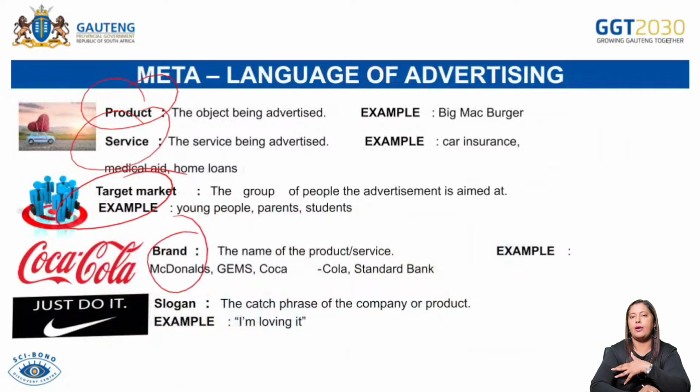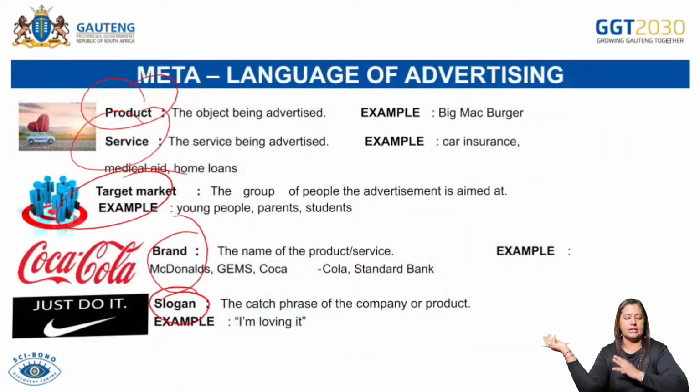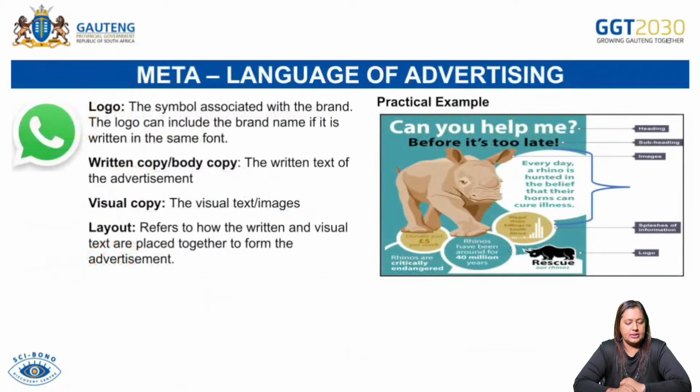The brand is the particular name of the product or the service being rendered. The slogan is the catchphrase that would be remembered, the most common phrase used over the years for you to remember that particular product or service. Then logo, it's a symbol that's very important, associated with the brand.